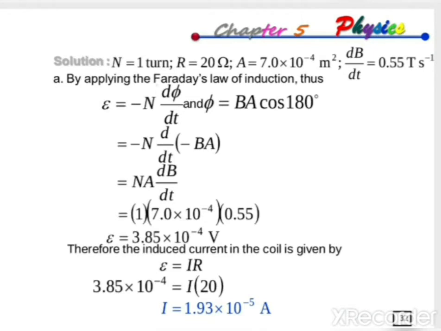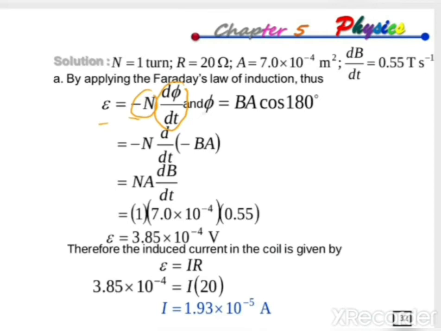So, according to Faraday's law, the induced EMF is directly proportional to the rate of change of magnetic flux, thus we have the equation: induced EMF equals negative N, the number of turns for the coil, times the rate of change of magnetic flux.